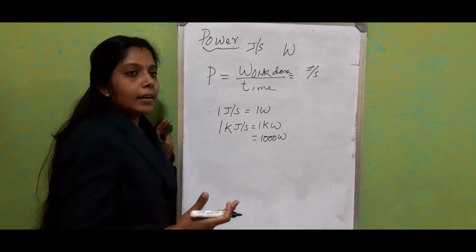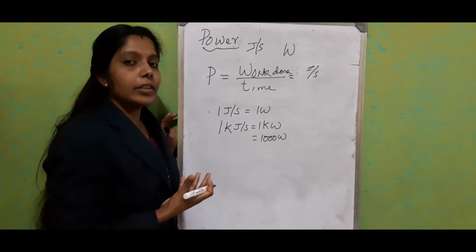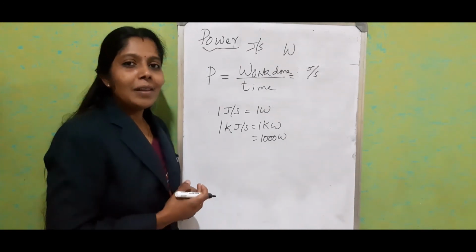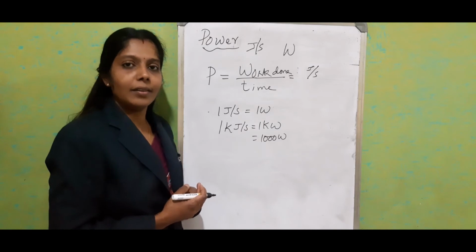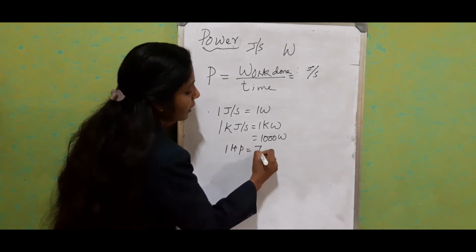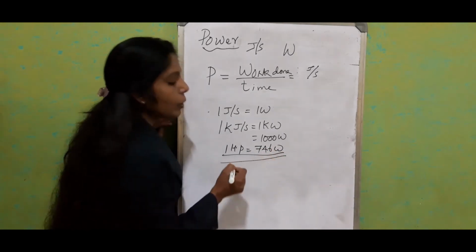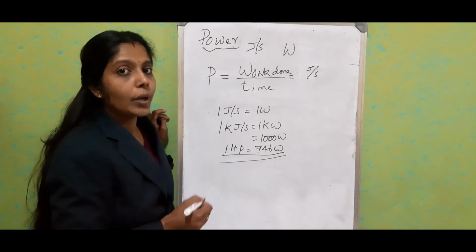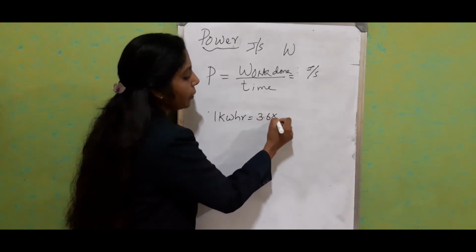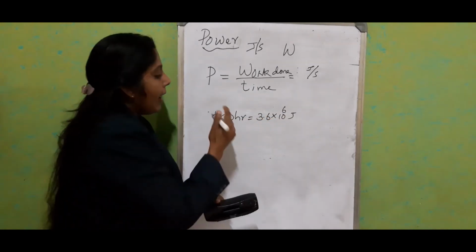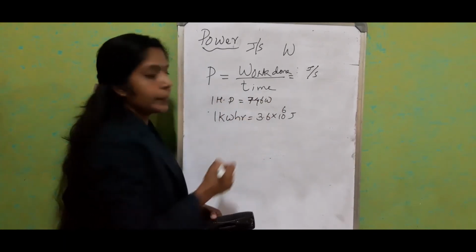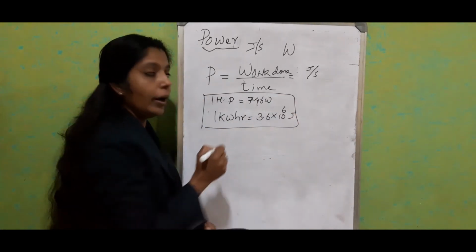But for mechanical purposes, or in production, especially in the case of vehicles, the power is mentioned in terms of horsepower. 1 horsepower is equal to 746 watts. 1 kilowatt hour we can write as 3.6 into 10 to the power 6 joule. Keep these two values in your mind.